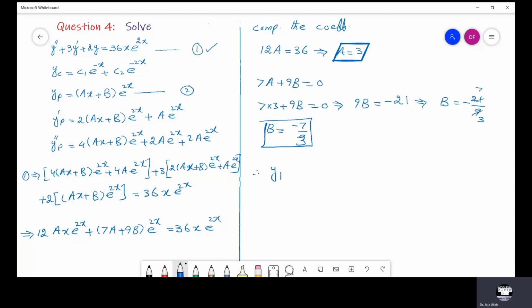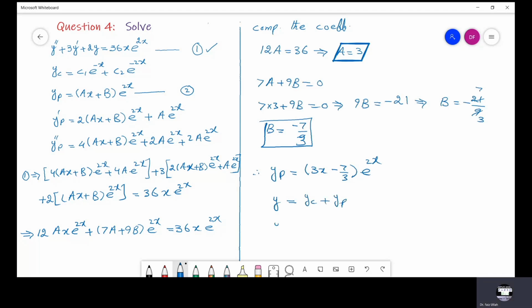Therefore, yp becomes, putting values in equation 2, we have a, where a is 3, so we can write 3x plus b. b is minus 7 by 3 into e power 2x. Now the general solution is y is equal to yc plus yp.